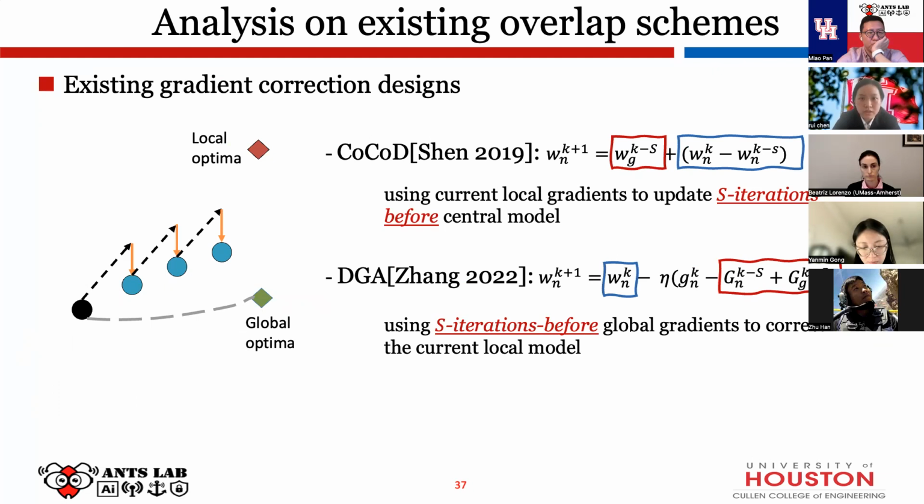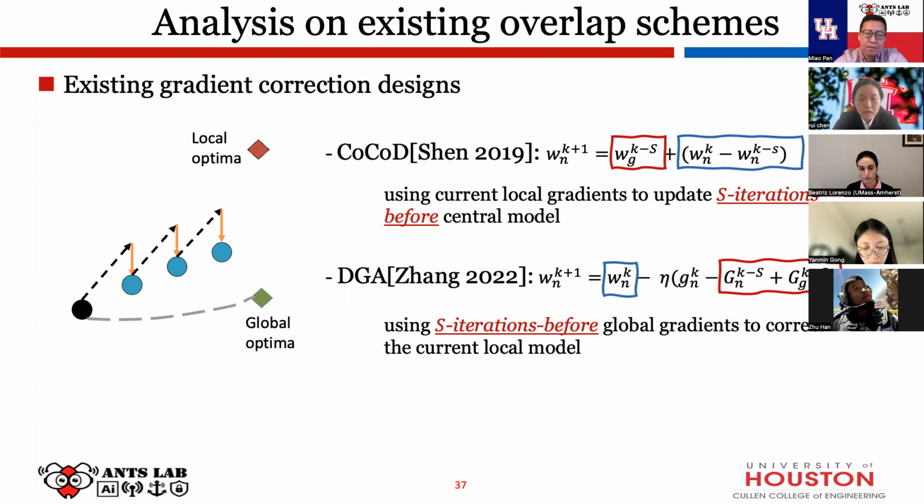The existing work is trying to use gradient corrections to correct the local model directions to be closer to these global directions, so that they can hope to recover the model performance. In the existing work, there are theoretical analysis papers on the impact of the gradient correction designs.